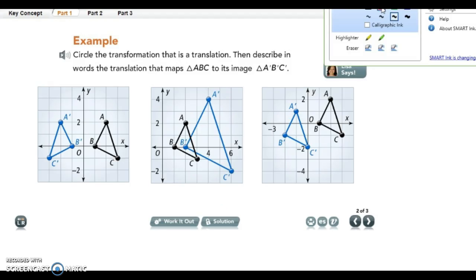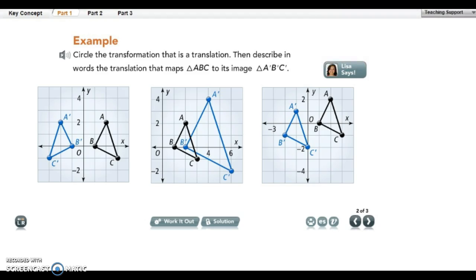So let's try on this first one to see which one is the translation. We're going to see how much we have moved from A to A prime. We have moved 1, 2, 3, 4 places to the left. On B, we have only moved over 2.